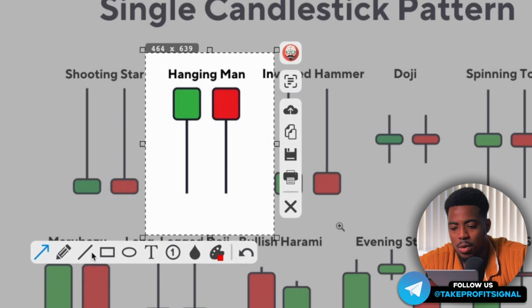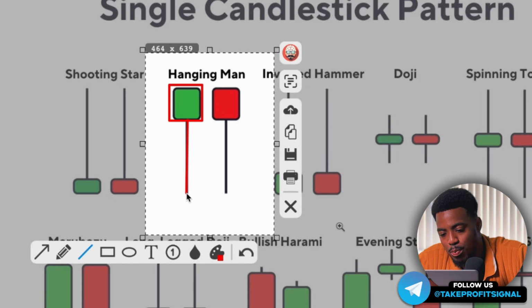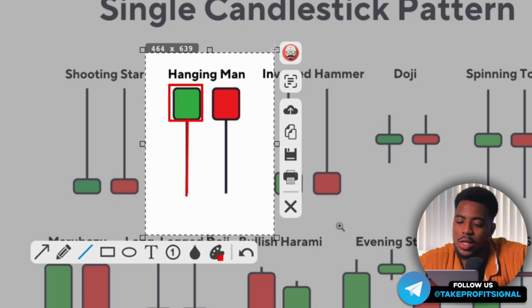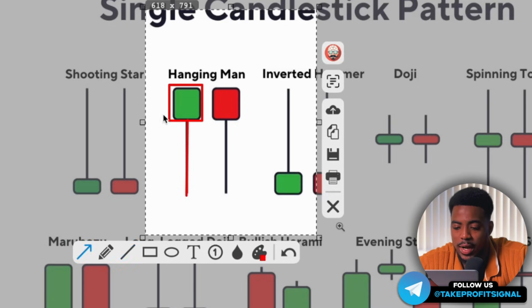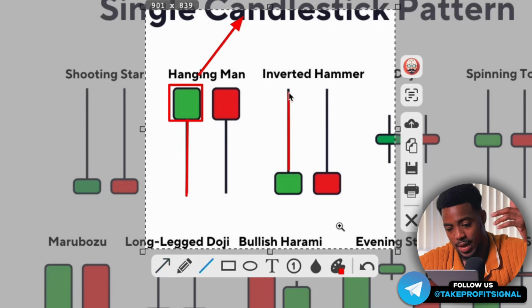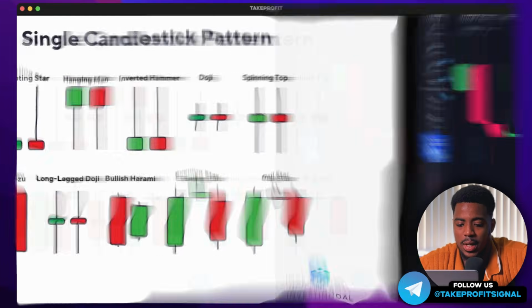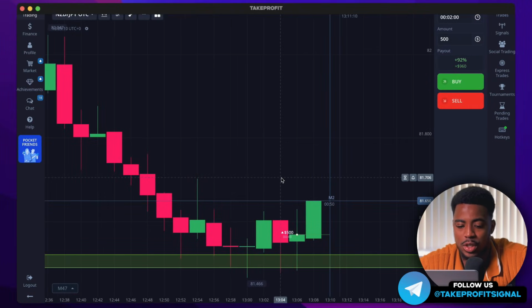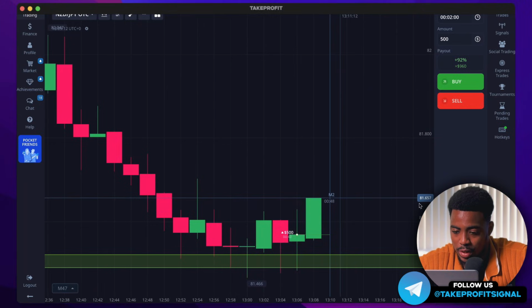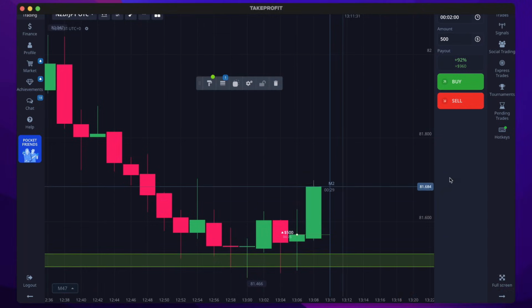But the most important thing you need to know is that it has a small body and a shadow pointing down or up. So if the shadow is directed downwards, then we are waiting for a move upwards, and if the shadow is directed upward, it means that we are waiting for a downward movement. This is such a simple logic on which we open a trade in conjunction with the presence of a level.